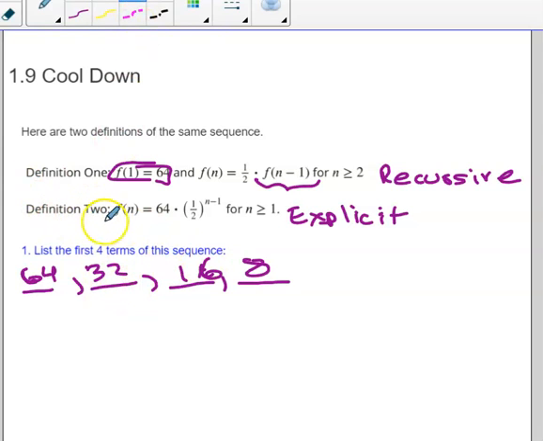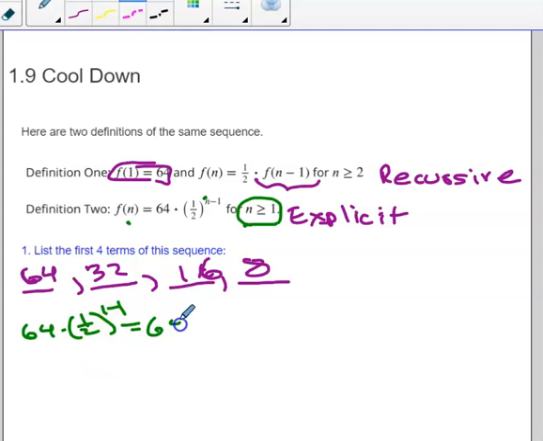If you want to use the second definition, the explicit one, beginning with 1, I'm going to replace this n and this n with 1. Let me do the math right here, but we should expect to get the same thing. So 64 times a half to the power of 1 minus 1.